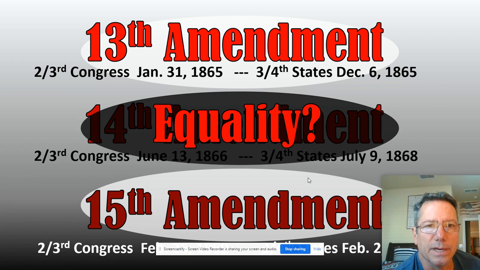Ulysses S. Grant will do a great job of trying to destroy the KKK and the Knights of the White Camellia. But he really never does it for the sake of the 14th Amendment, blacks being able to be equal citizens. Where the federal government will be used over and over and over again will be in cases of supporting the 15th Amendment.